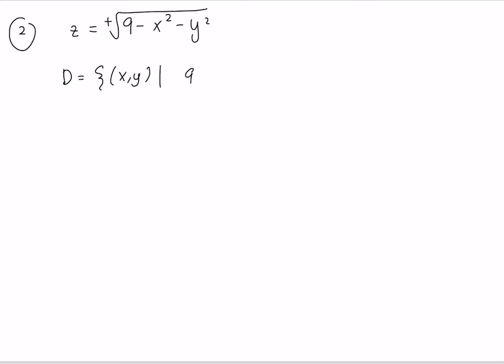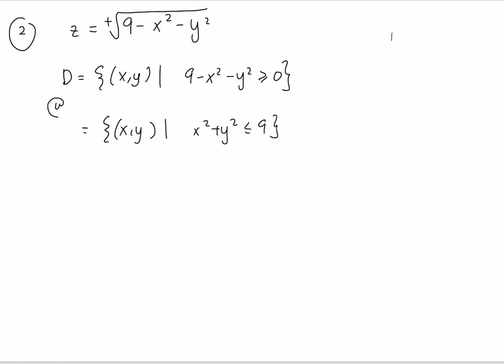So you have 9 minus x squared minus y squared greater than or equal to 0, which you can rewrite as x squared plus y squared less than or equal to 9. That is a circle with radius 3, from minus 3 to 3 for the x and y axes. So this is your domain.